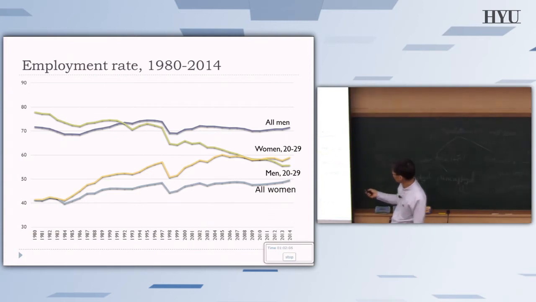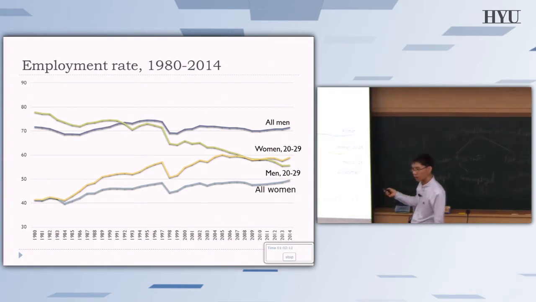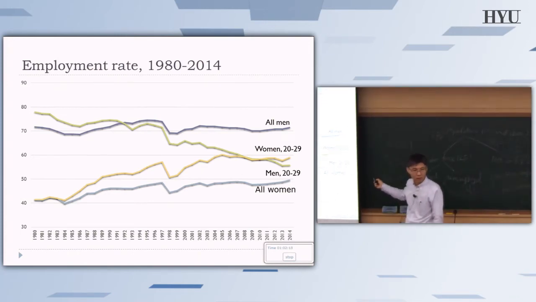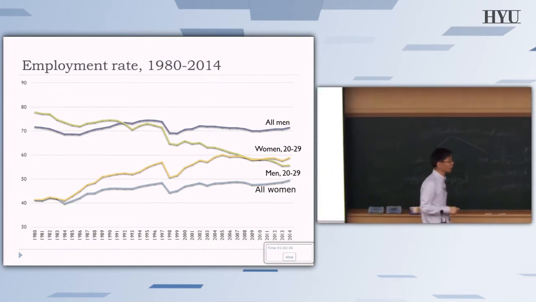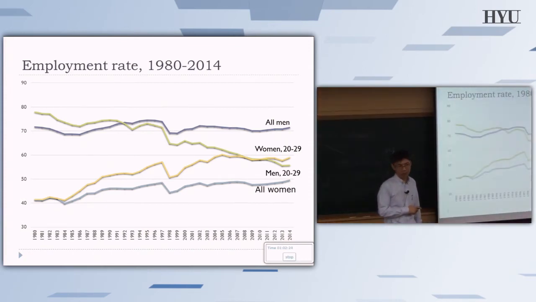How about young men and young women? Young women, it has been increasing. It was about 40%, but now it's around 60%. So for young women, 20 to 29, 6 out of 10 are working. Okay. How about men? Men's a different story.